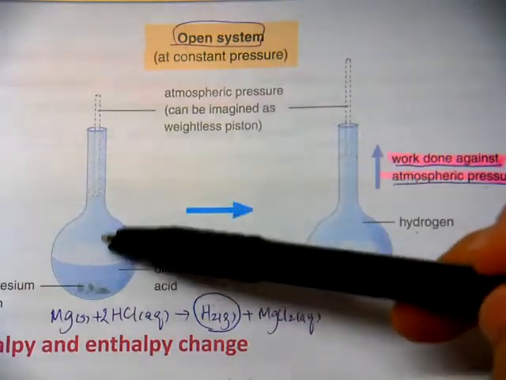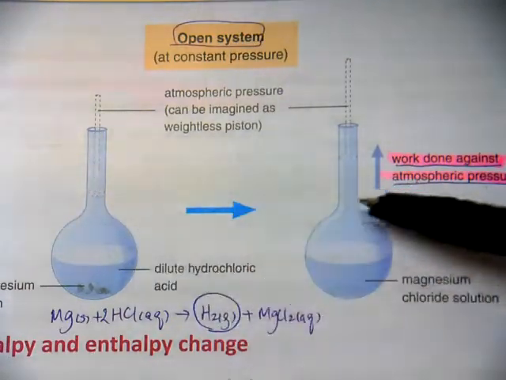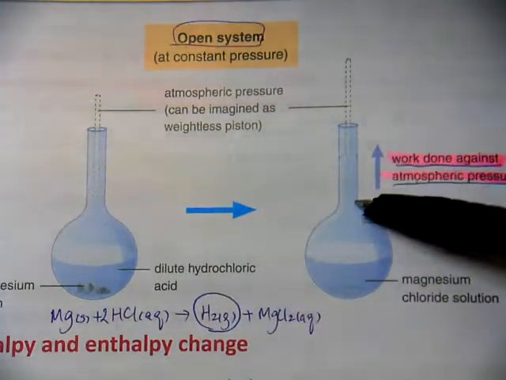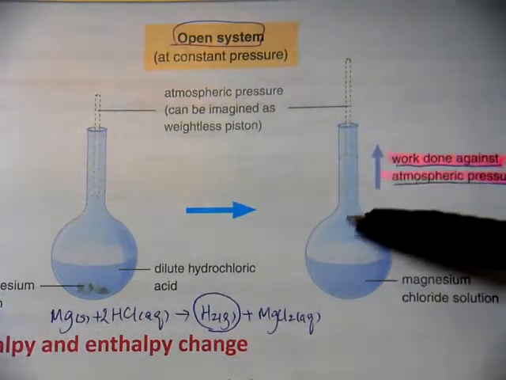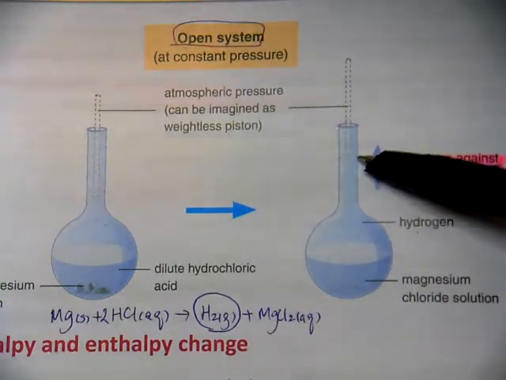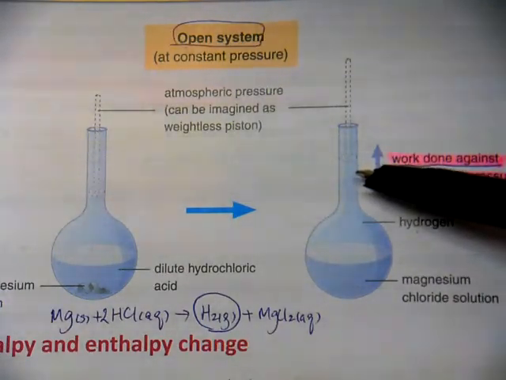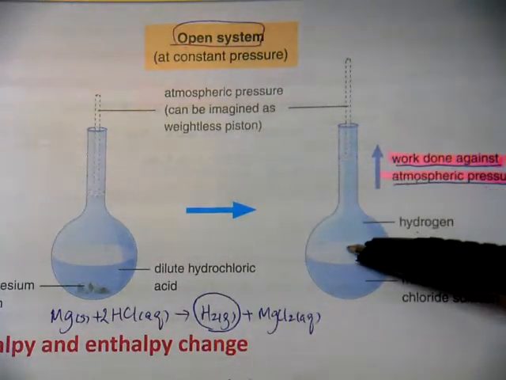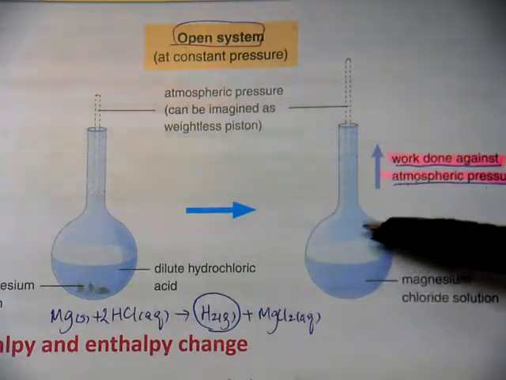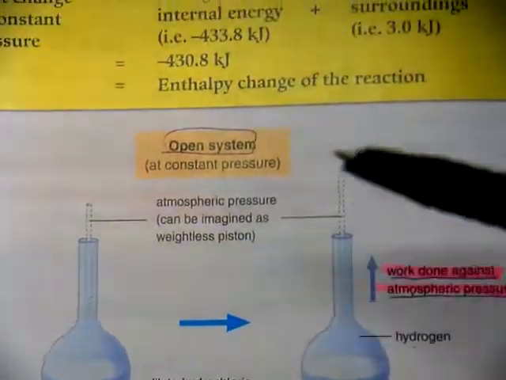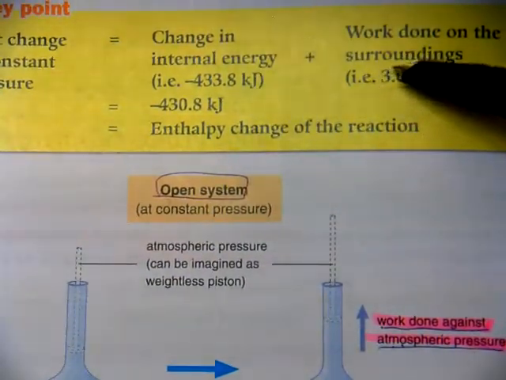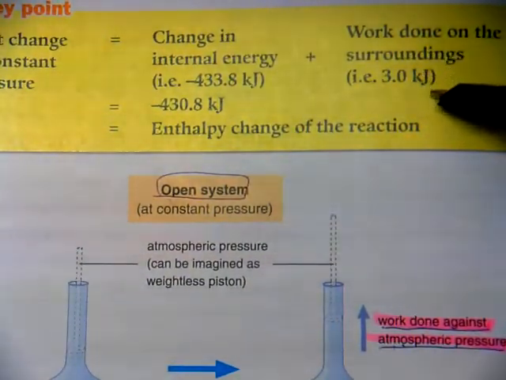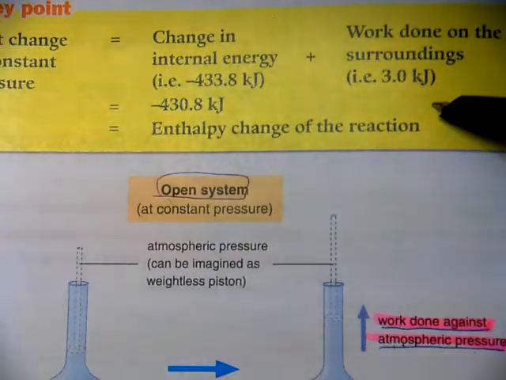As hydrogen gas is formed, work must be done against the atmospheric pressure. Do you understand? Work is done against the atmospheric pressure. Okay? Now, heat change at constant pressure is not approximately equal to the change in internal energy because it involves work done on the surrounding. Okay?